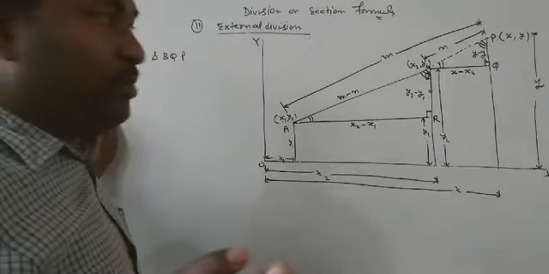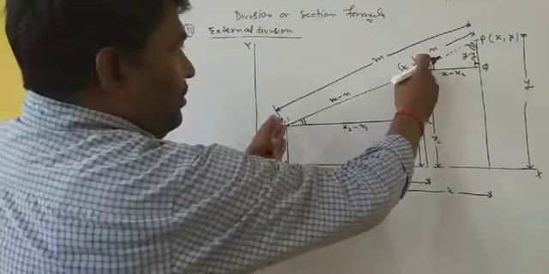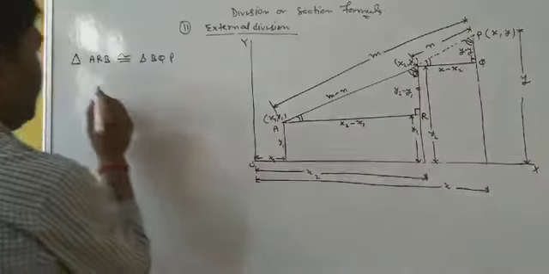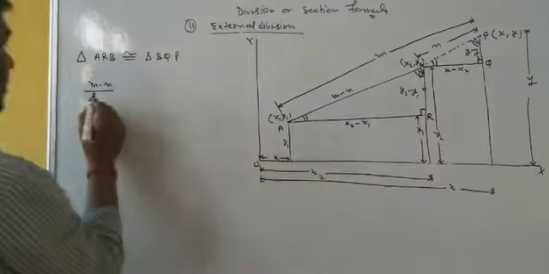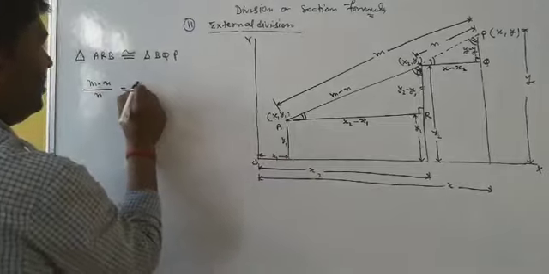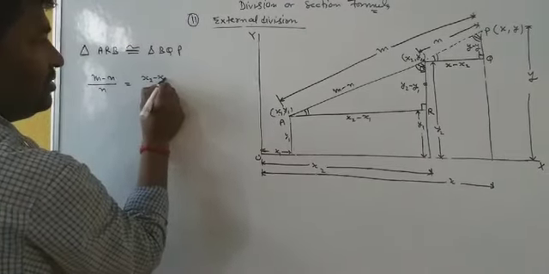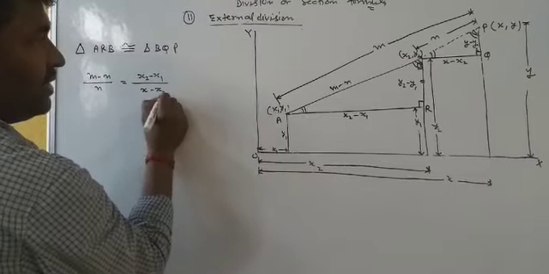So by the property of similarity, what can we write? Hypotenuse of this triangle m minus n upon hypotenuse of that triangle n is equal to base of this triangle x2 minus x1 upon base of that one x minus x2.